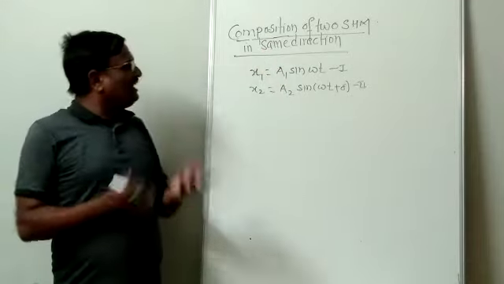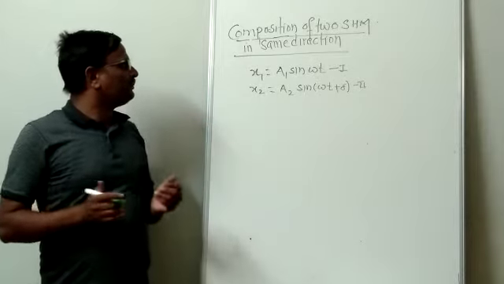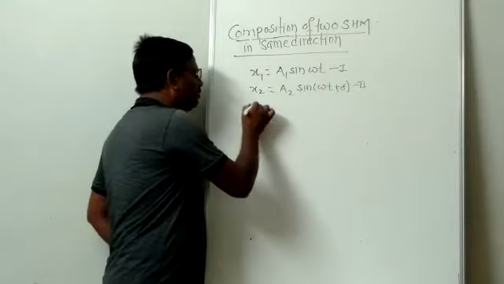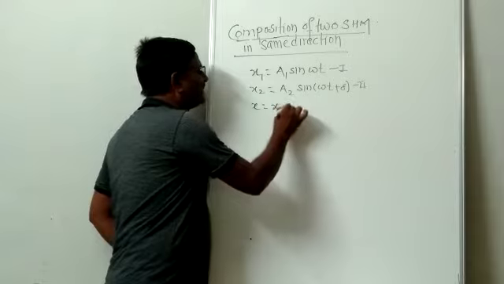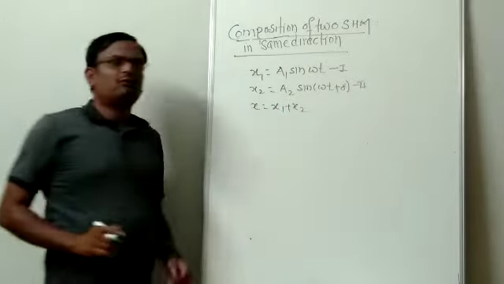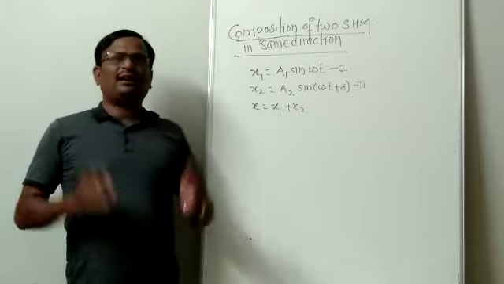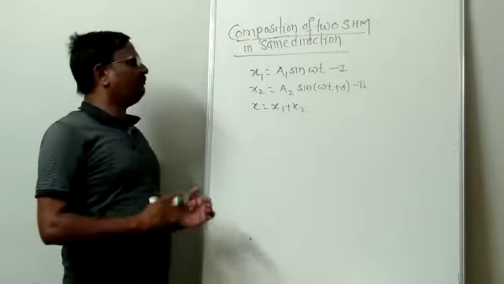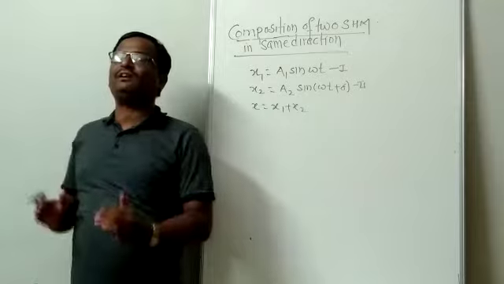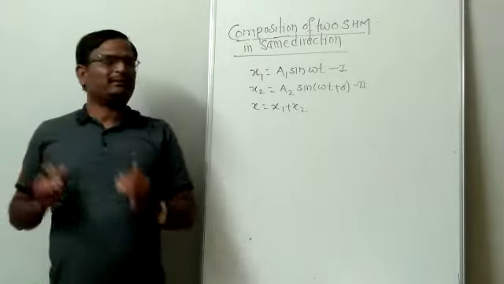Let's have the resultant of two SHMs. X is equal to x1 plus x2. What I am doing here is adding these two equations. The first equation, x1 is equal to A1 sine omega t.